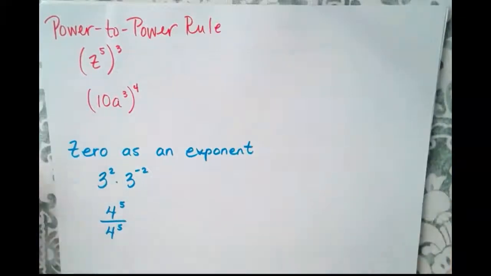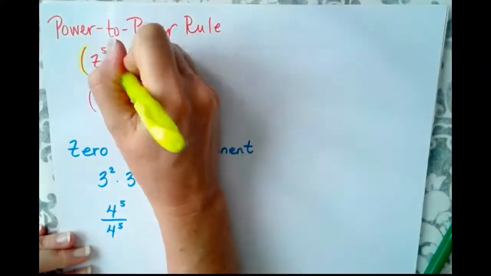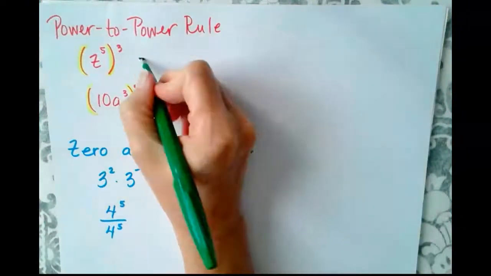Power to power rule. A power being raised to a higher power. And normally if we have a power to power rule situation, there's normally parentheses present. So think about what this means.